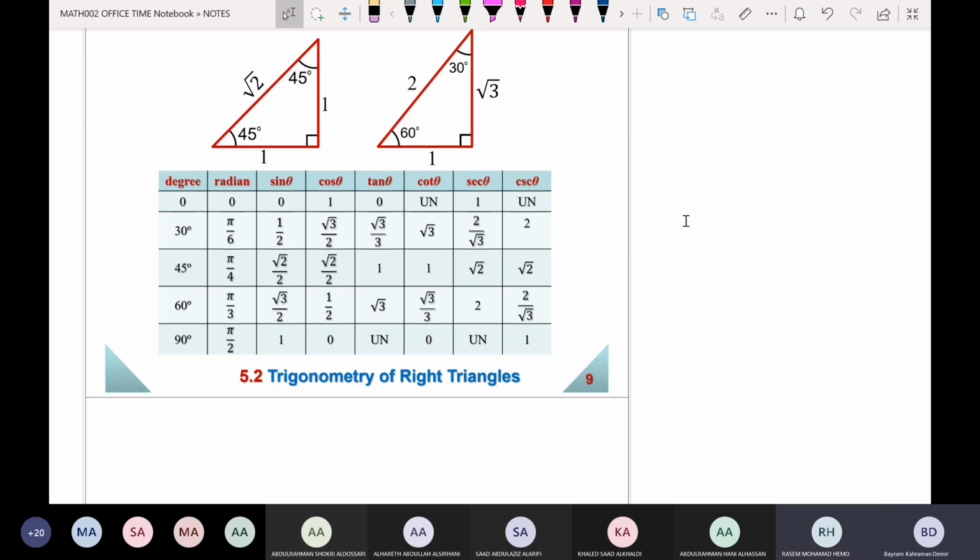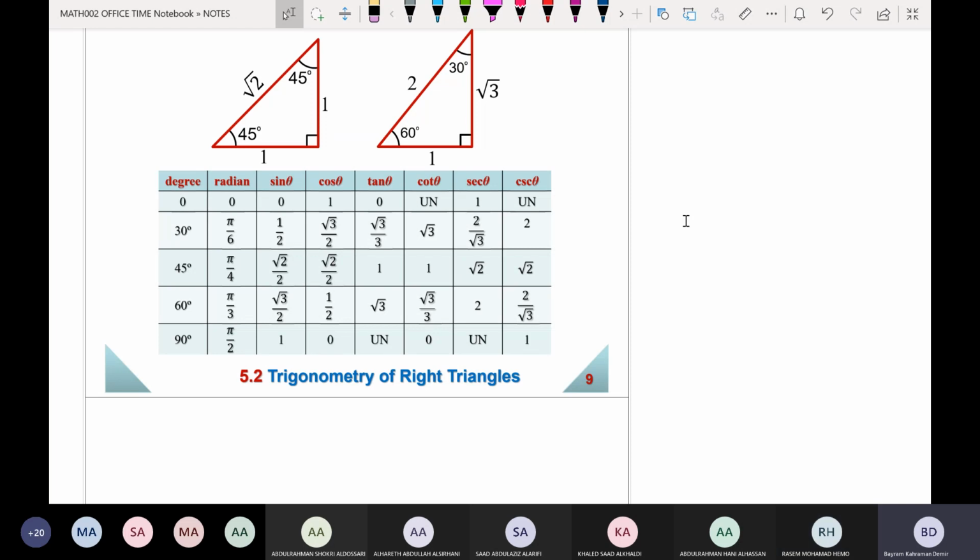Yes, Doctor. I have a way to memorize this table easily. Okay, perfect. Please share it with your friends so that they can also memorize it easily. Maybe just put it on WhatsApp. You guys have a WhatsApp group, right? Yes.